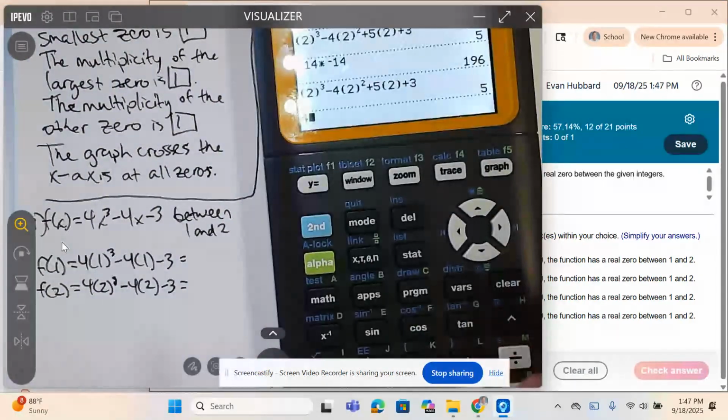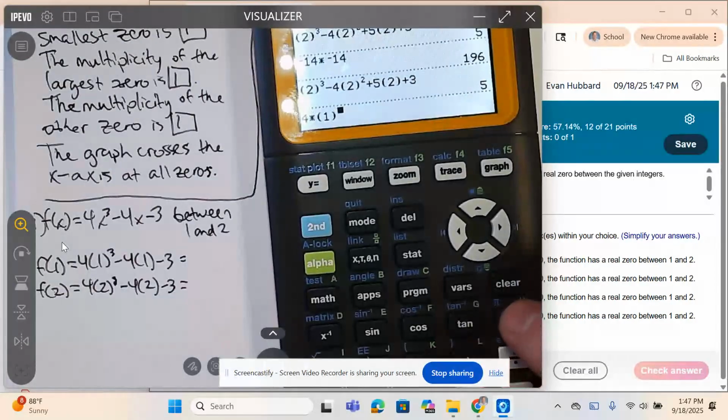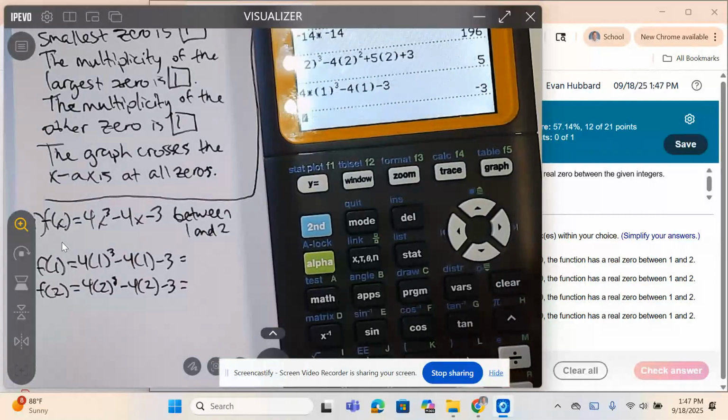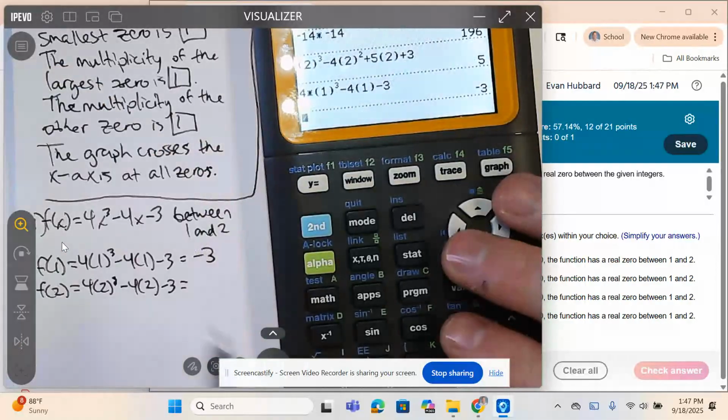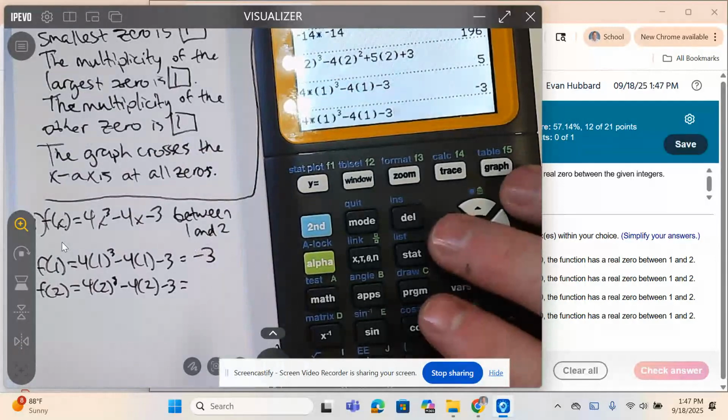So 4 times 1 cubed minus 4 times 1 minus 3 is negative 3. And so we'll do it for 2. That's 21.